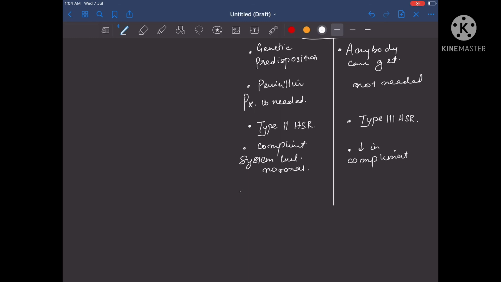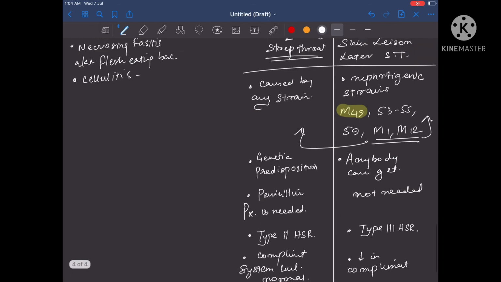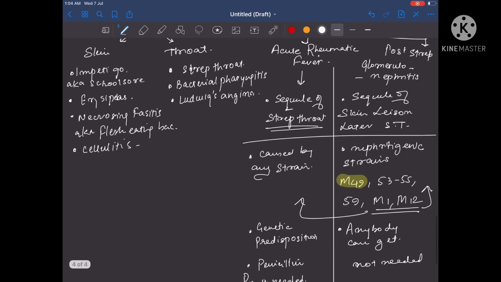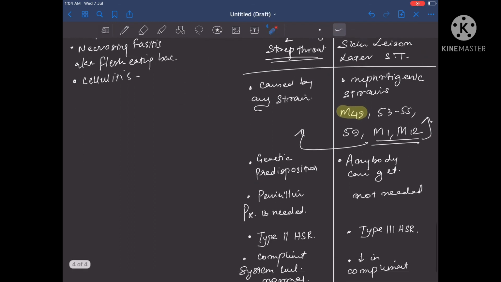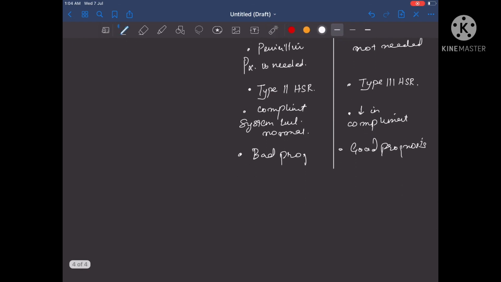So you all know anything genetic has a bad prognosis. Similar is the case with acute rheumatic fever. There is a bad prognosis, and post-streptococcal glomerulonephritis has a good prognosis. And in PSG there is a very famous saying: if someone has three things, puffed face, sore throat, and cola urine, the one thing that should come to your mind is PSG.